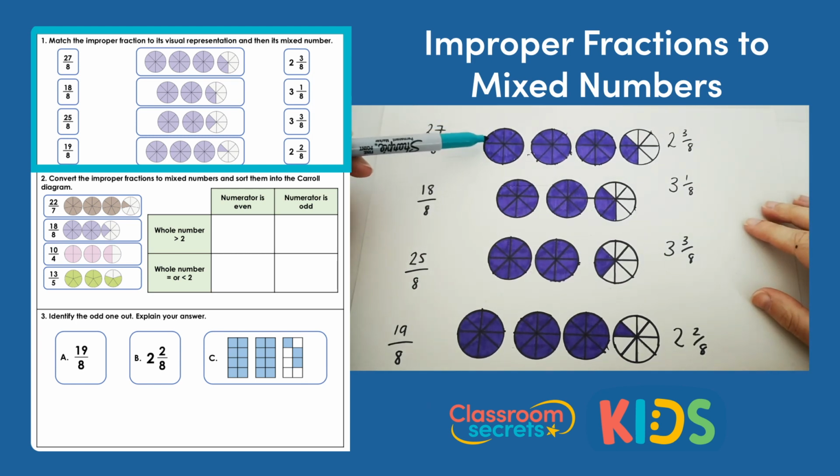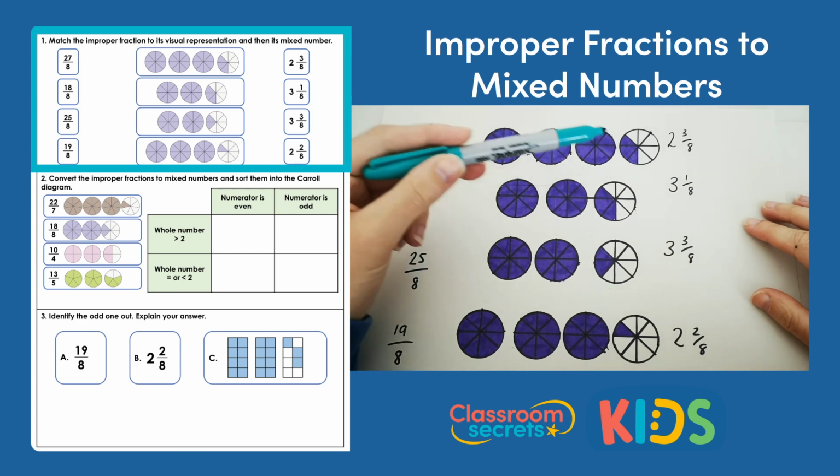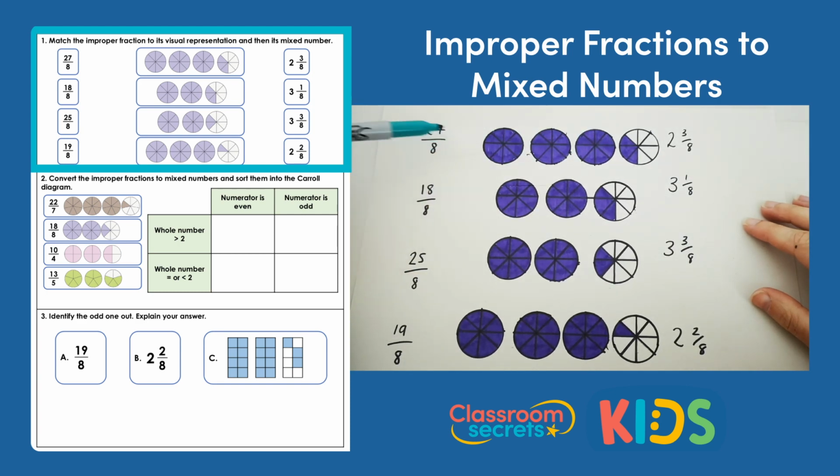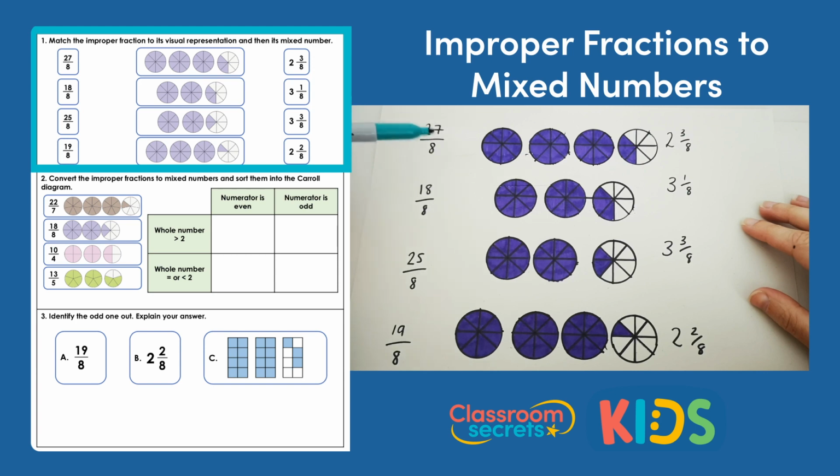We could count each individual segment for each image to work out which one 27/8 matches with, or we can use what we know about multiplication. If I did 8 into 27, I'd get 3, because 3 times 8 is 24. So I'm looking at the images that have got 3 holes, so it's either this top one or this bottom one.